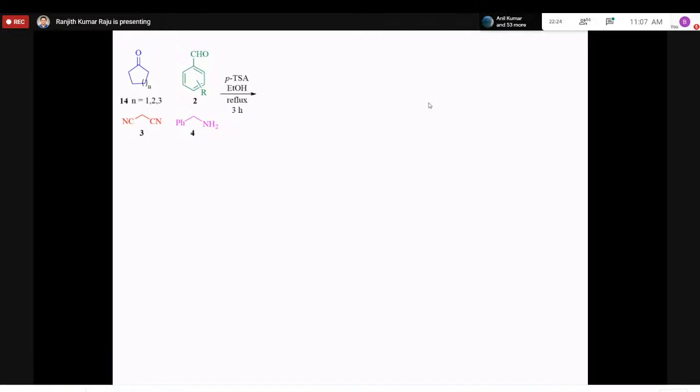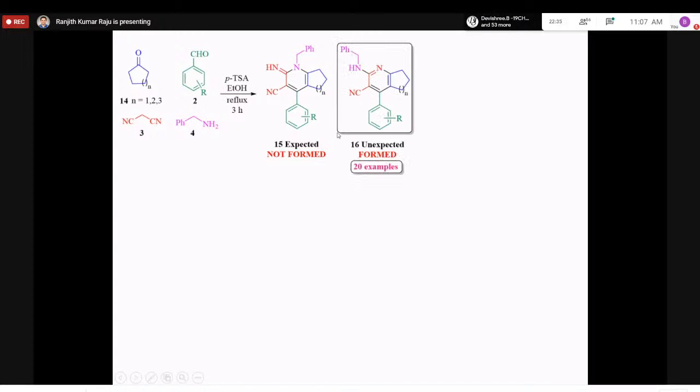We wanted to further explore this reaction with lower ring size ketones like cyclopentanone, cyclohexanone, and cycloheptanone. We expected the product which was formed in the case of cyclooctanone, but here unexpectedly we got the product which was expected in the previous case. That is, the cyclization takes place with the secondary amine, so we got the other way around.